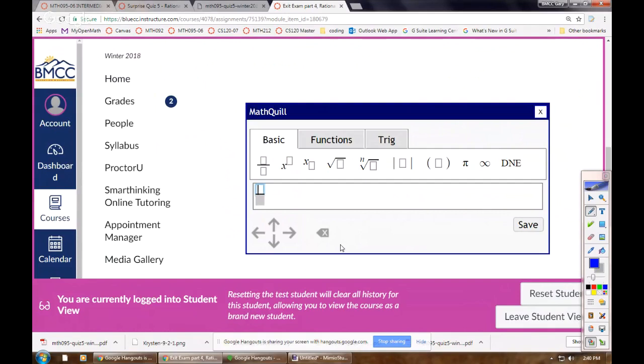The numerator of the fraction is 7 times x plus 4. And then click down below. The denominator of the fraction is x times x plus 5. The multiplication in this case is optional. The computer recognizes no symbol as times, but I like putting it in there to be clear.